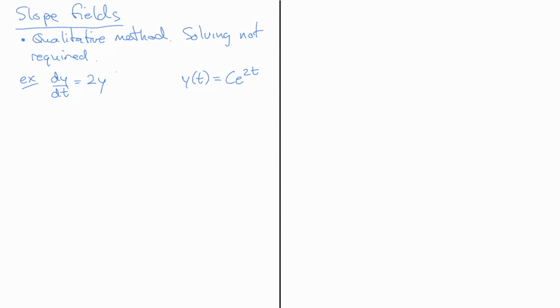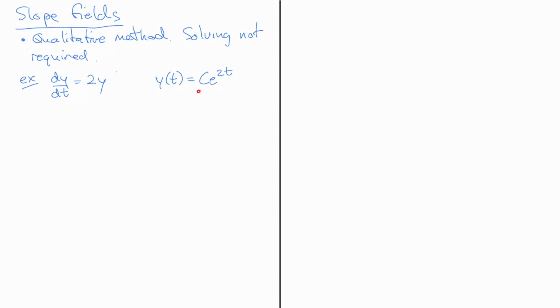Okay, so before I get into the slope field method, let me just do a little bit of manipulating of this equation so we can see how solutions to this equation behave. And what I mean by that is I want to rearrange it and see how all the solutions relate to each other.